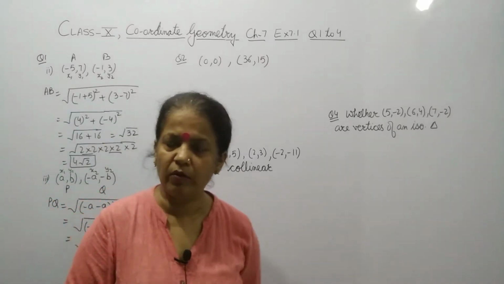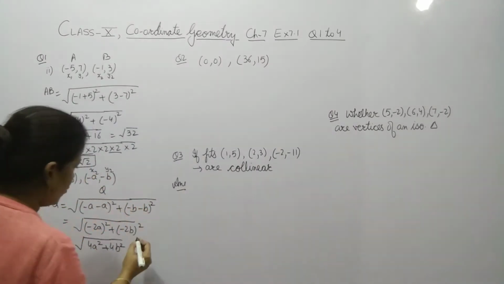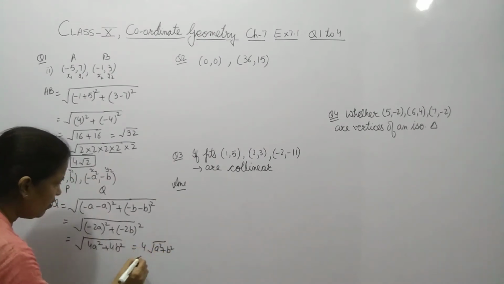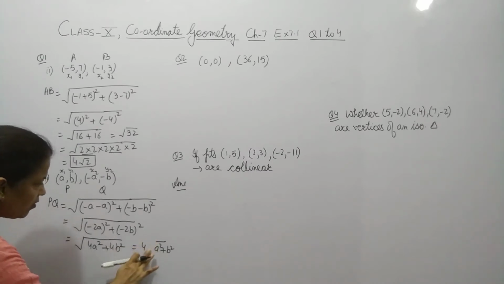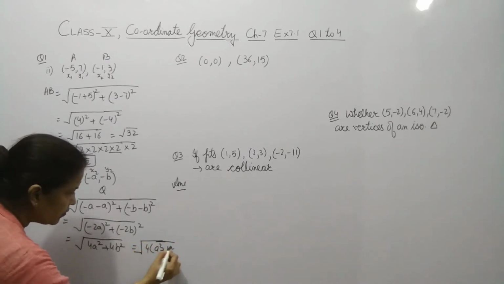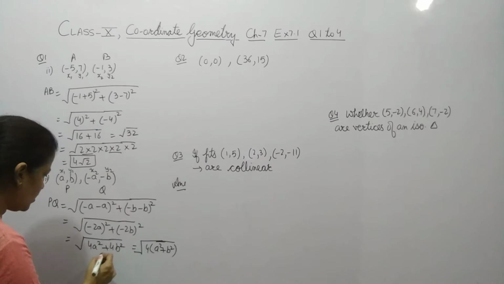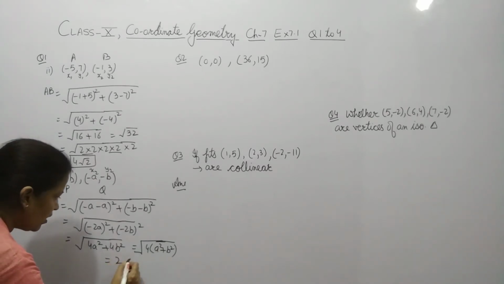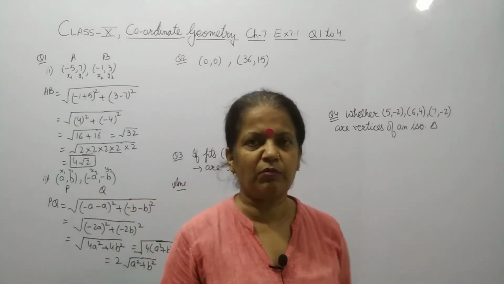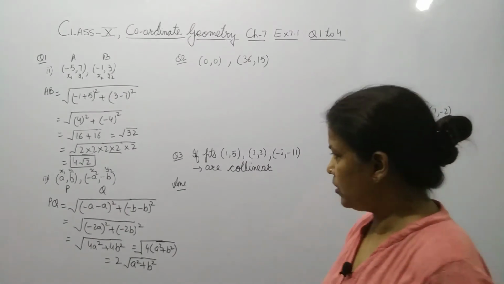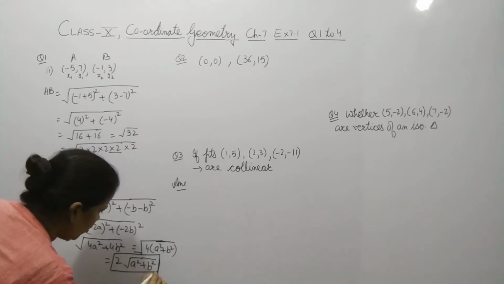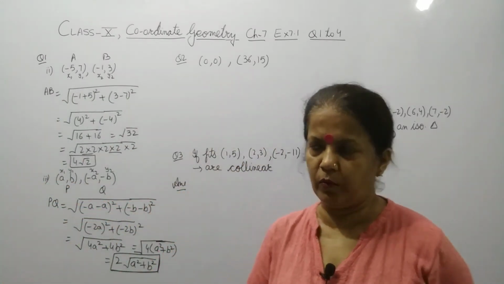What should be the next step now? How will you solve it further? You can take 4 common. So it is 4 and in the bracket a square plus b square. You can take this 4 common like this. Now square root of 4 is 2. So you can write it like this also. Solve it as much as you can. Okay. So this is the distance between PQ by using the distance formula.